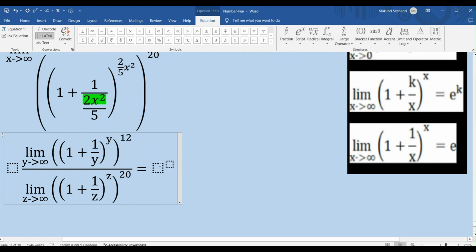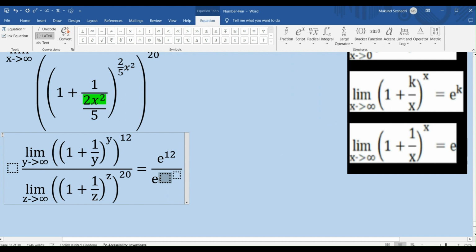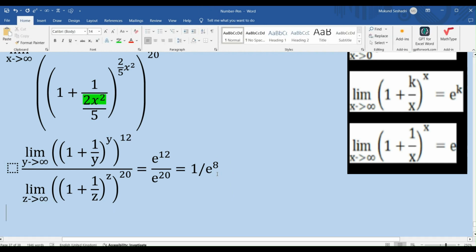So I have this as e to the power 12, and that divided by e to the power 20, right? Which is nothing but 1 divided by e to the power 8, right? So this is the answer for one part of the problem, right?